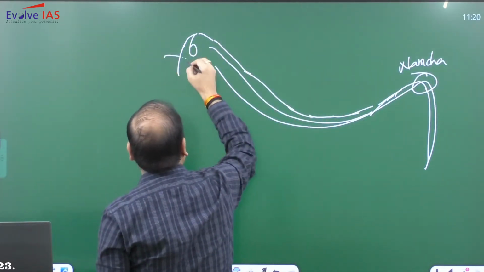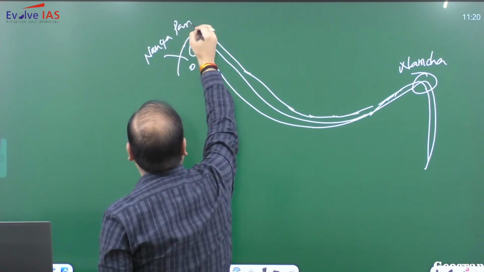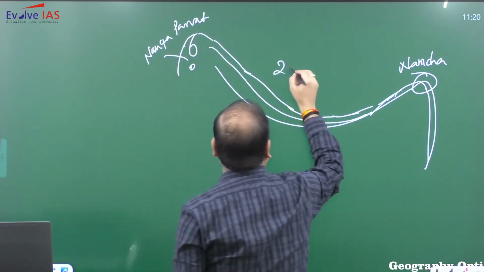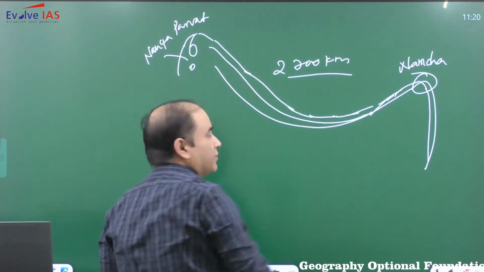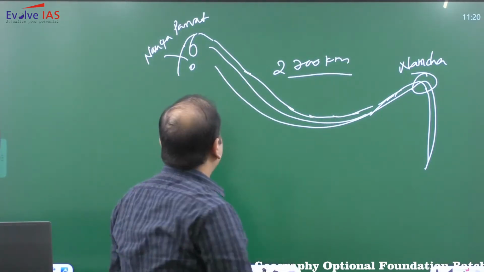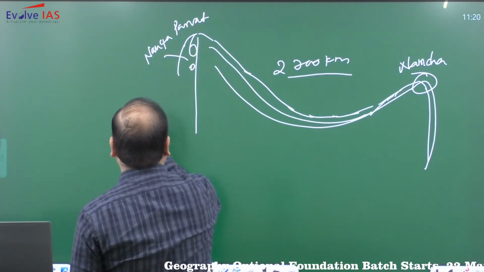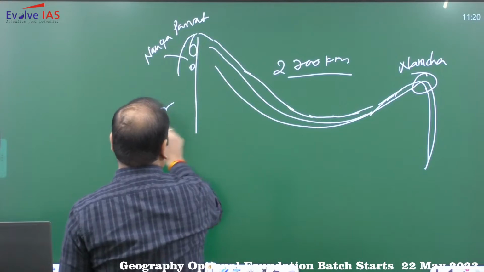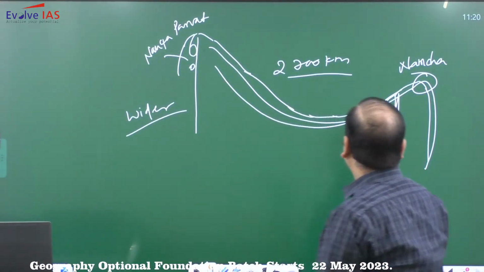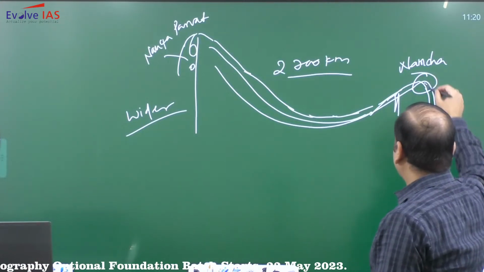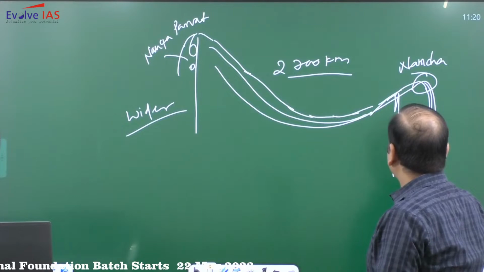Here you will have Nanga Parbat. So it extends for about 2700 km from Namcha Barwa to Nanga Parbat. Also, Himalayas in the west are much wider, whereas in the east they are much narrower. One more interesting thing, after bending it is also moving southward. So it is referred to as Purvanchal Hills.